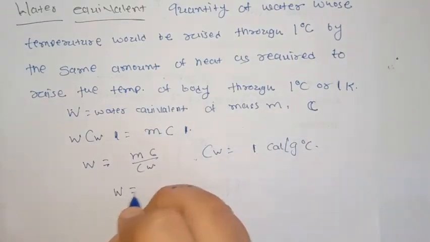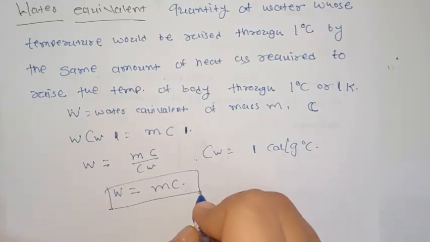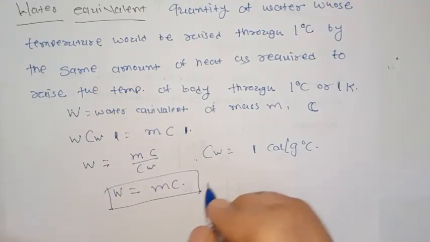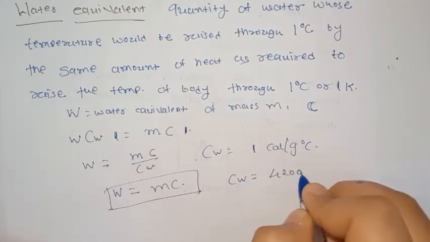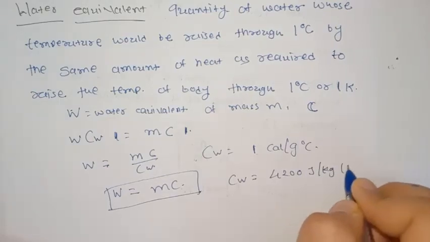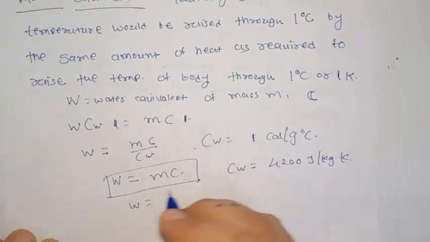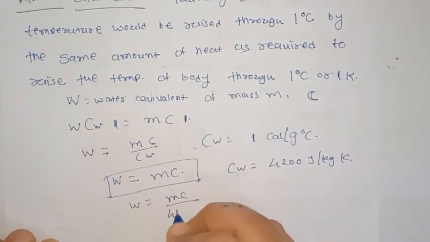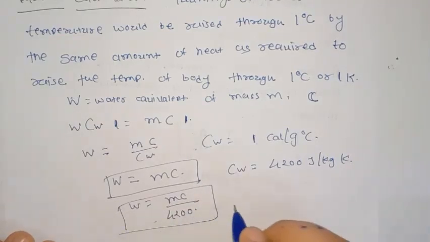So we can write W is equal to m into C. In SI system, specific heat of water is 4200 joule per kg Kelvin. So W will be equal to mC divided by 4200. W is measured in gram in CGS unit and in kg in SI units.